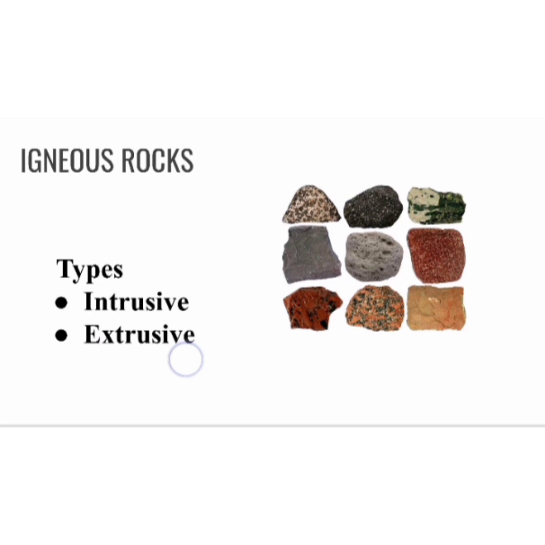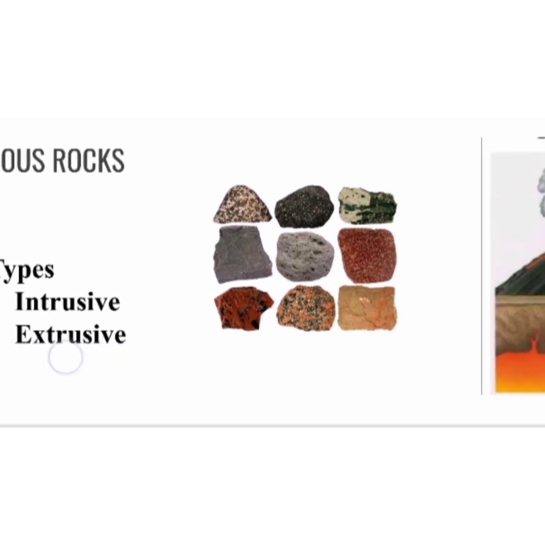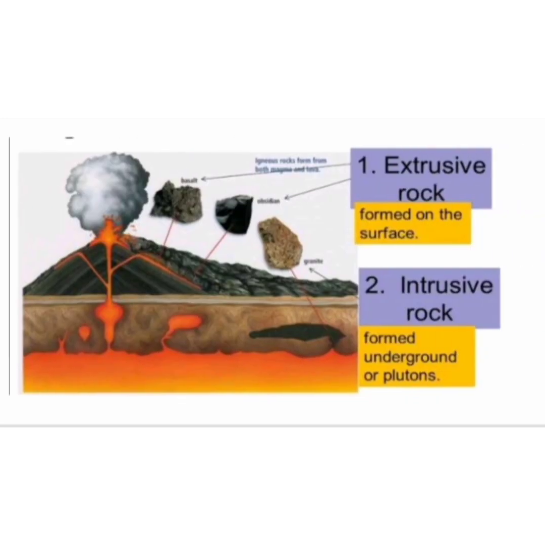When this molten lava comes out on the earth's surface, it rapidly cools down and becomes solid. This forms rocks. These rocks are called extrusive igneous rocks.